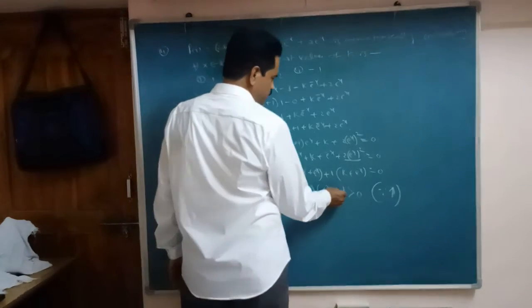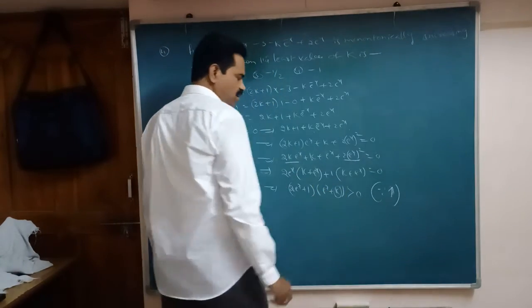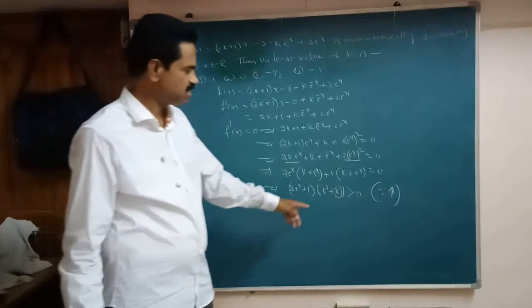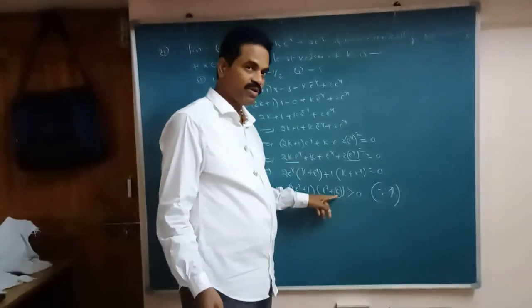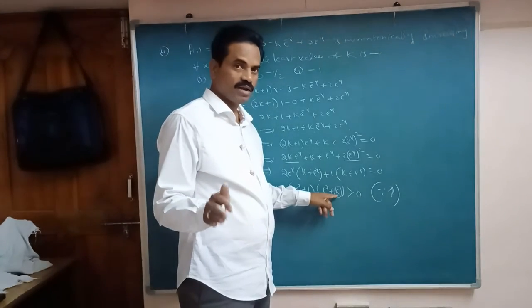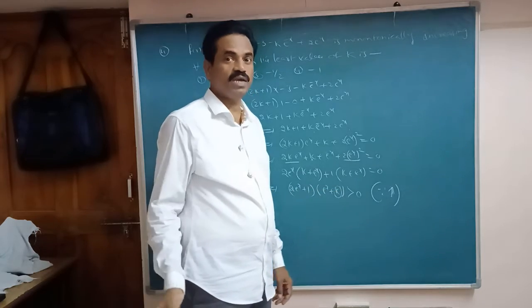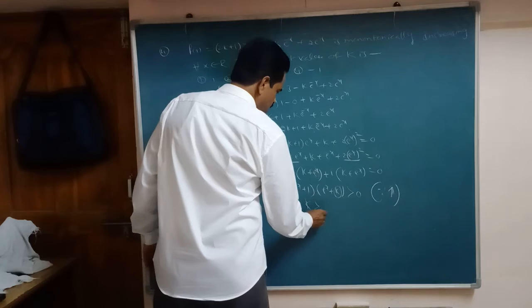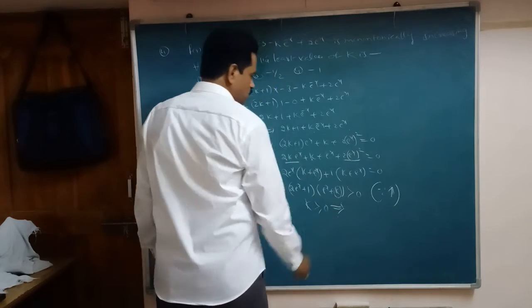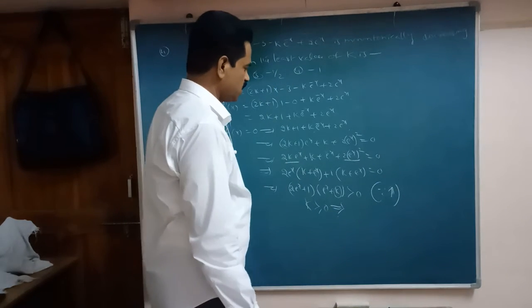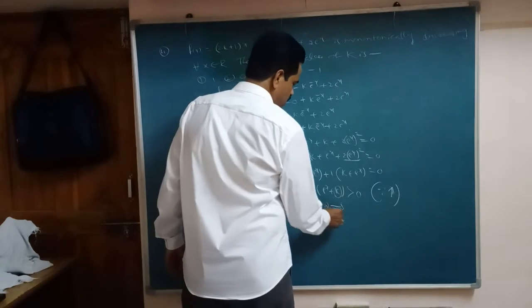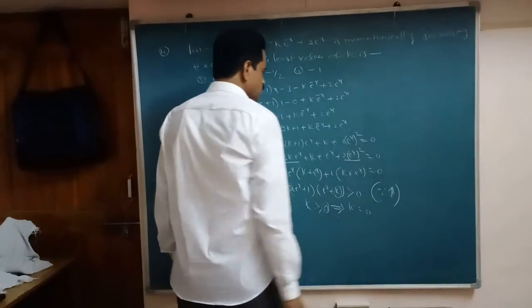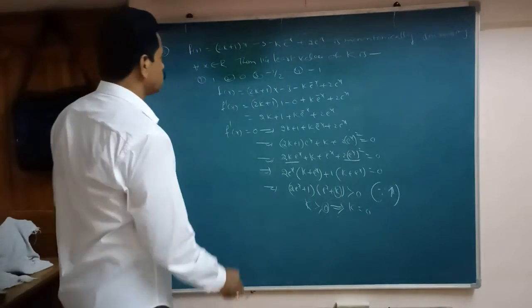But if k value is also positive or 0, with e power x positive, so k value must be non-negative. So for which values here? K greater than or equal to 0. If you take k value, what is the least value here? K equal to 0. So the least value is k equal to 0.